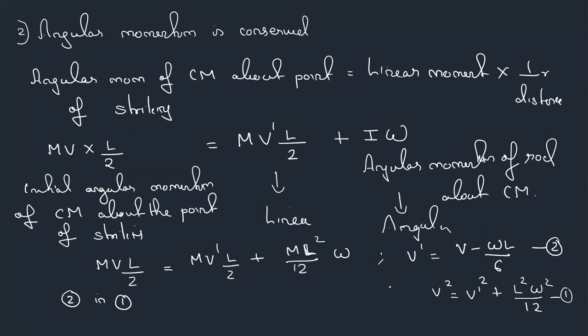Substituting v dash, we get v square is equal to v minus omega L by 6, the whole square, plus L square omega square divided by 12. Expand this using the a minus b whole square formula; one omega will cancel out and another omega will stay. Solving this, we get omega is equal to 3v divided by L.